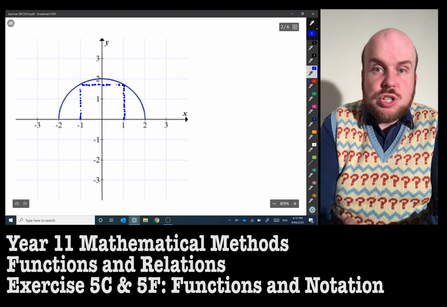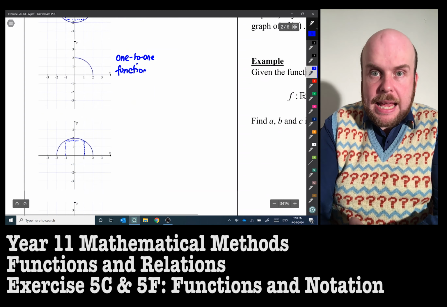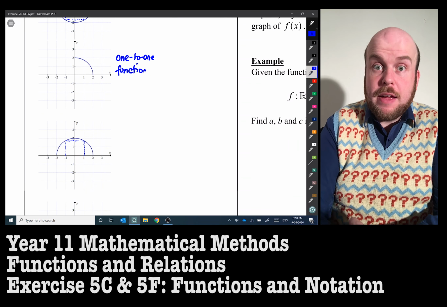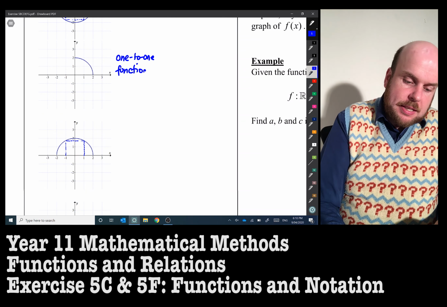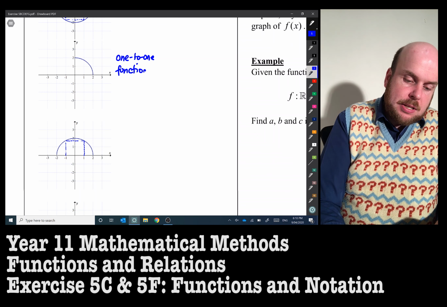We've already done a one-to-one function and a many-to-many relation. So our two choices are many-to-one and one-to-many. Well, we can see here there are many x values for that one y value. So therefore, this is a many-to-one function.